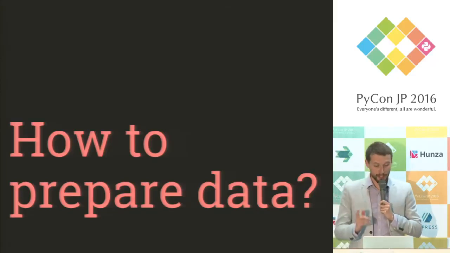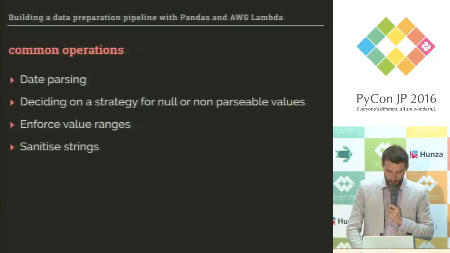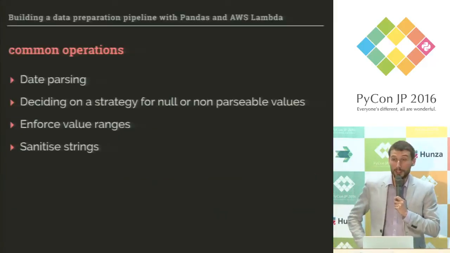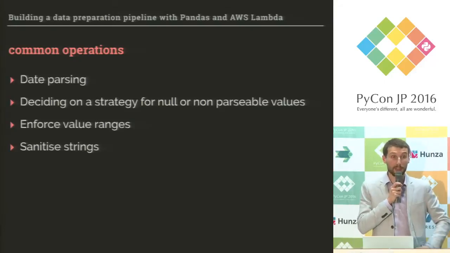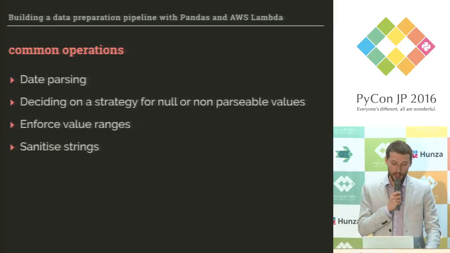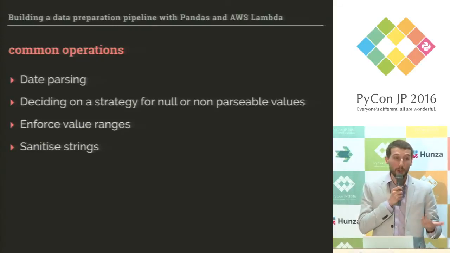So how to prepare the data? Preparing the data requires a lot of things. Common things you will need to do are date parsing, and also finding strategies for missing data or data that you cannot parse in any way. It's really important to decide whether we remove it or interpolate it. Then there's everything about value ranges.